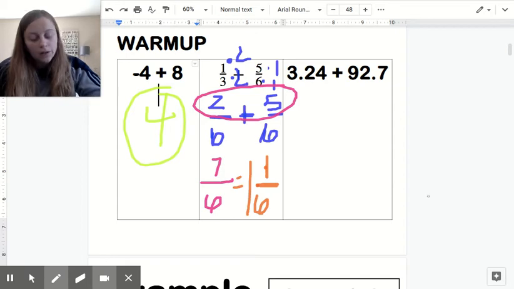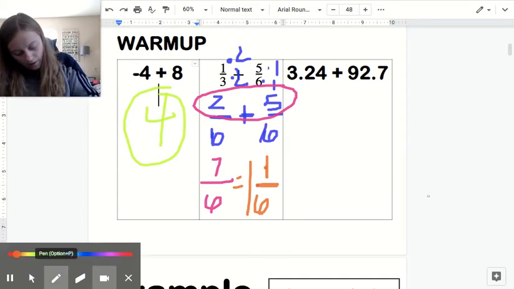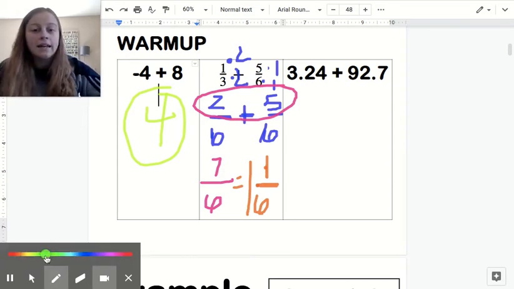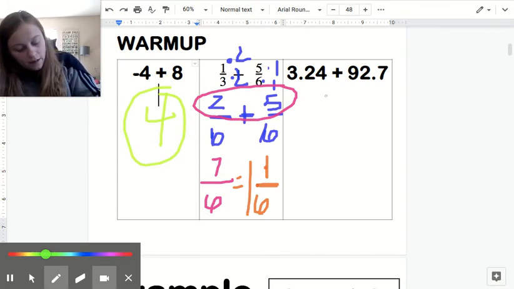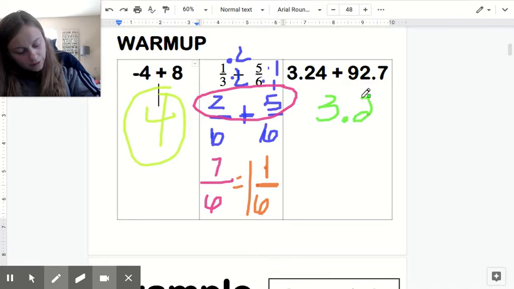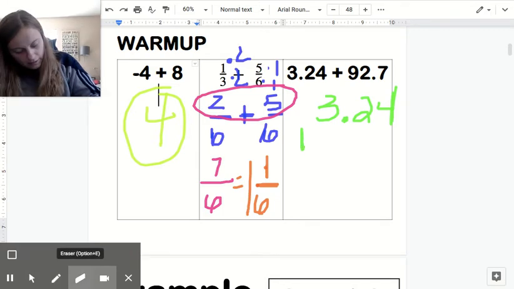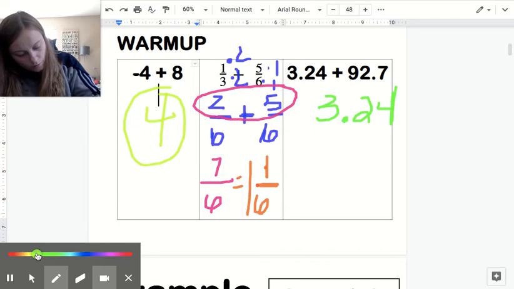Okay, over to the right, we have adding decimals. The biggest thing here, remember, is to line up our decimals. So we have 3.24 plus, oops, made that plus a little too close, plus 92.7.